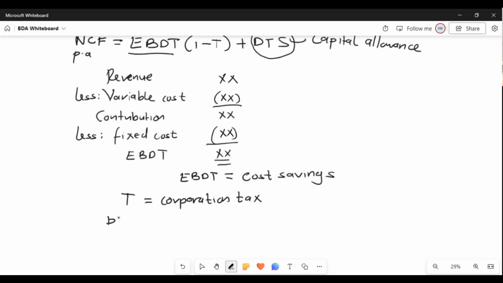And DTS we've said is the depreciation tax shield. This is earnings before depreciation and tax. And DTS is the capital allowance, which we are saying is the depreciation tax shield benefit.